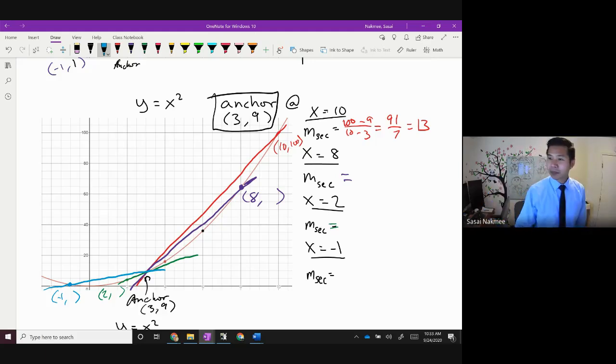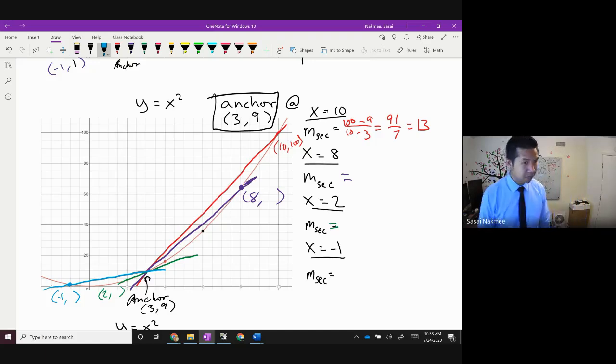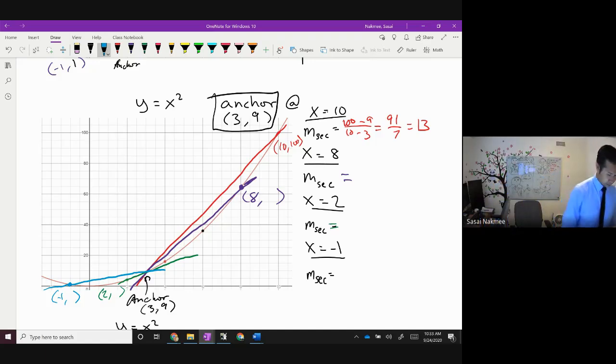Good job typing that out for me. You guys are still working on it? That's okay. By the way, guys, when you're calculating slope, you don't have to do it by hand. If you want to just use your calculator, you can.